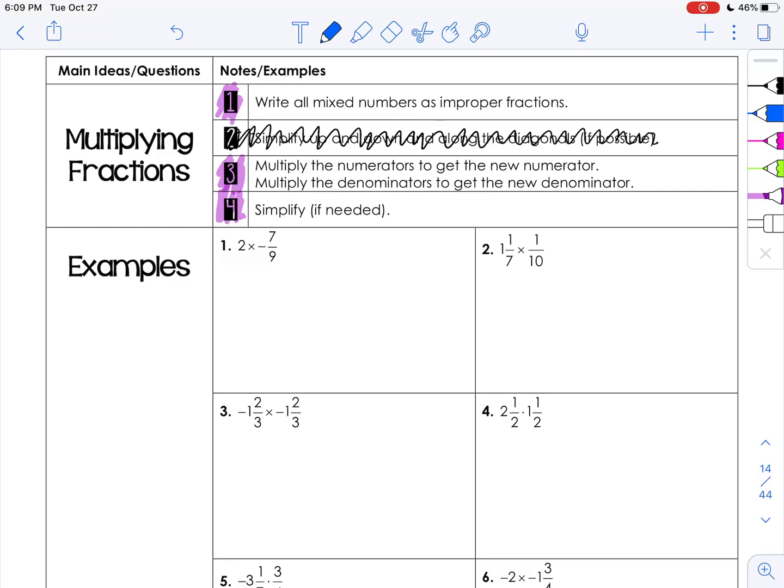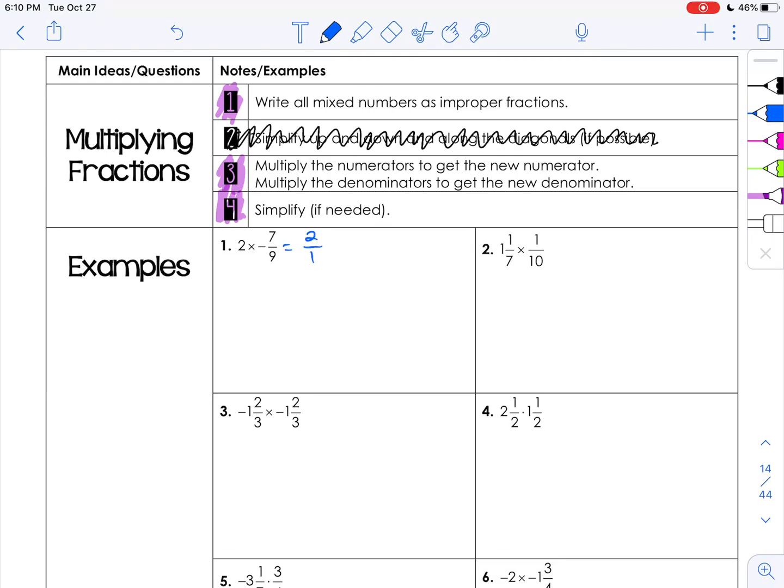Number 1, we're multiplying 2 times negative 7/9. First, we need to make sure that our numbers are written as improper or proper fractions. Our first number of 2 is a whole number, so we need to write that whole number as a fraction. And remember, to write whole numbers as fractions, we put it over 1.